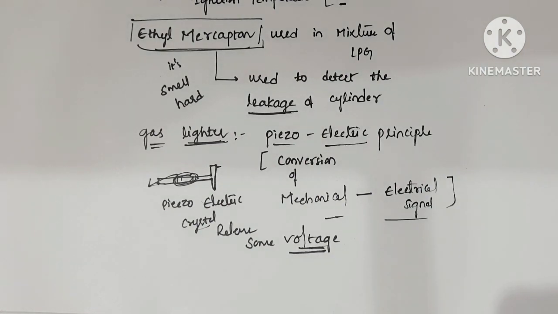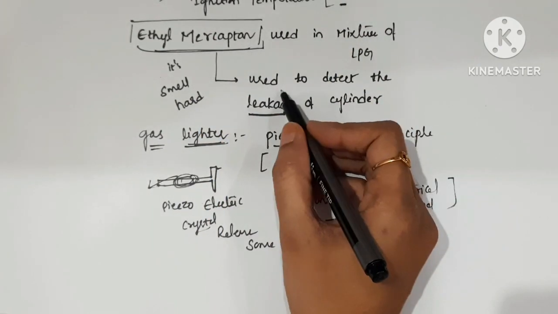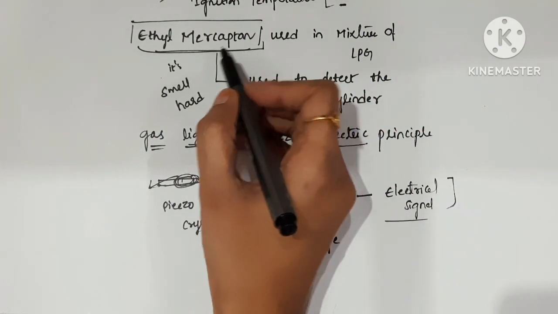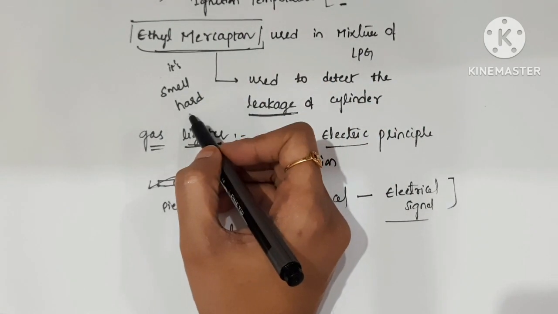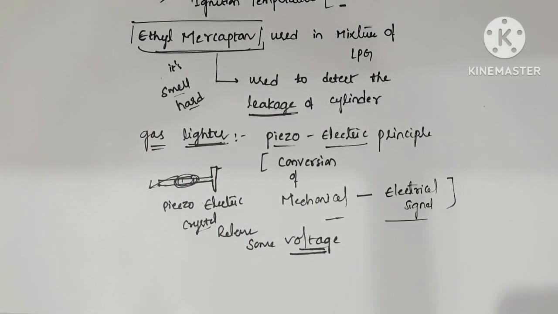This is the way the gas cylinder works. Ethyl mercaptan is used for only one purpose, to detect the leakage of cylinders, because it smells very strong. That's why when we open the gas in the gas stove, we smell it.